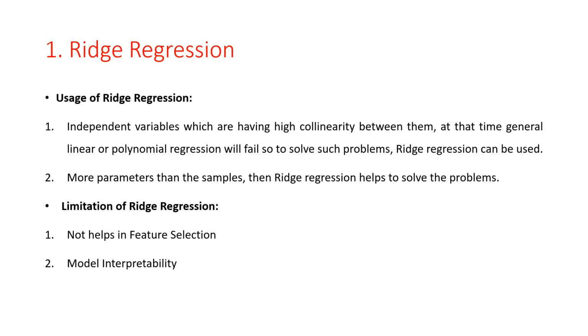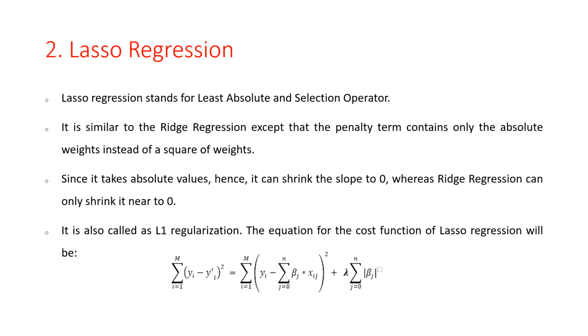The second type is lasso regression. Lasso stands for least absolute shrinkage and selection operator. It is mainly similar to ridge regression, except that the penalty term contains only the absolute weight instead of the square of the weight.